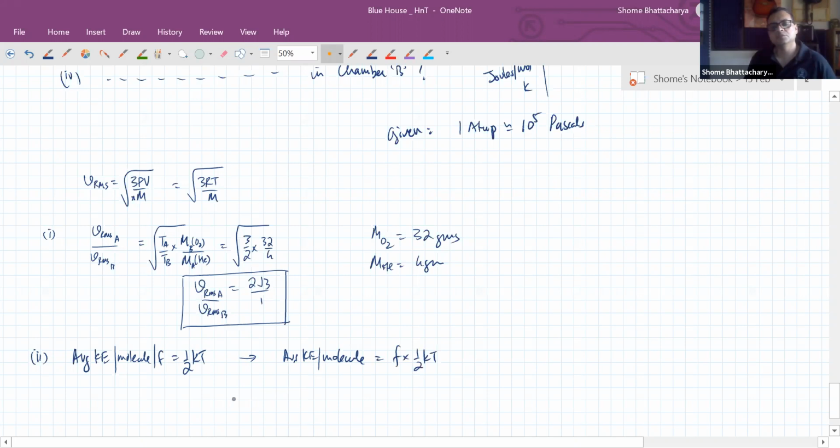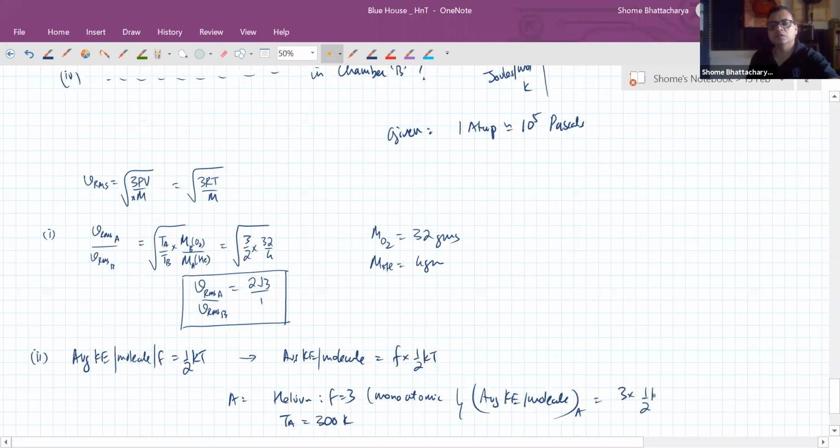Now in chamber A, we have helium, so degrees of freedom is 3, monoatomic, and the temperature is 300 Kelvin. So the average kinetic energy per molecule in chamber A is 3 into 1 by 2 K into 300.